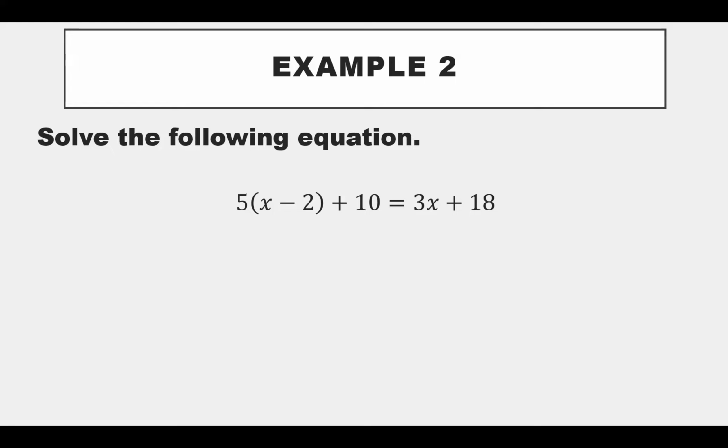We want to get both sides as simple as possible, then get our variable terms on one side, then get our constant terms on the other, and then divide by a coefficient if needed. Again, in each step, that's always if needed, if it's not already done for us. So let me show you how to do this equation.